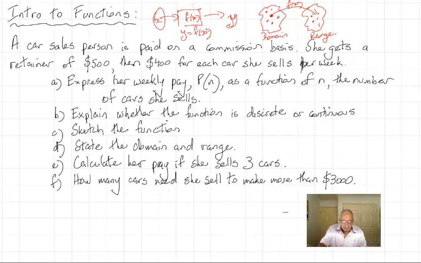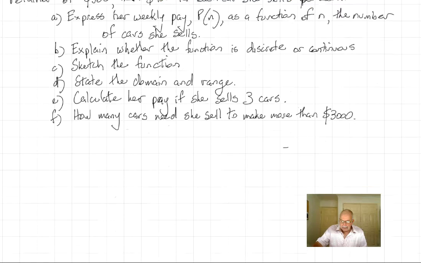Up here we've got a function of x. This is a function of n. So we use a different letter for different functions. Express her weekly pay as a function of n, the number of cars she sells. So n is the number of cars she sells, and P of n is how much pay she actually gets.